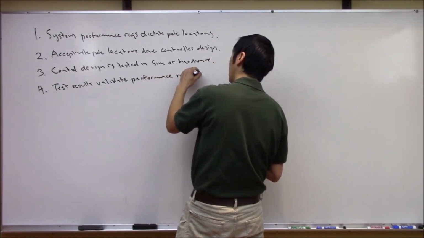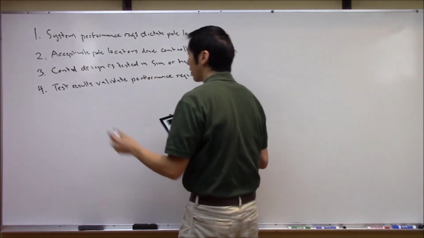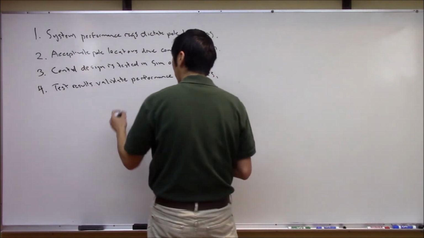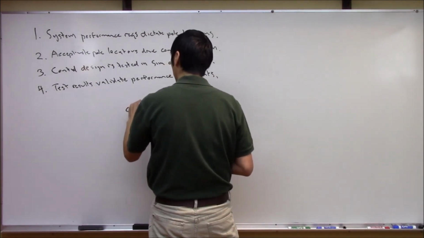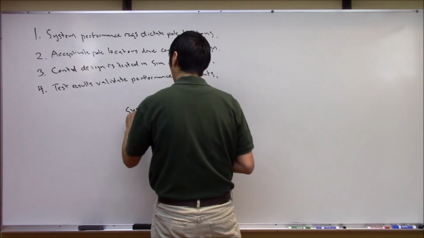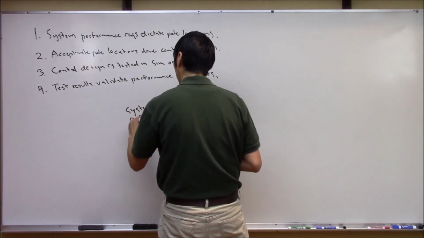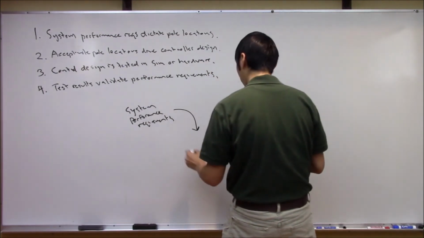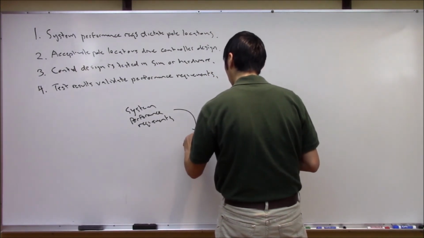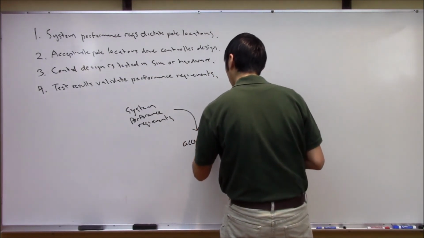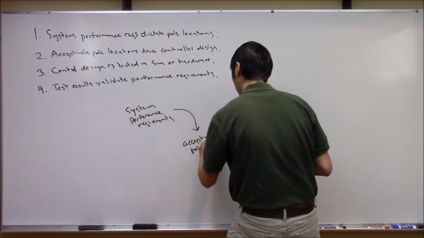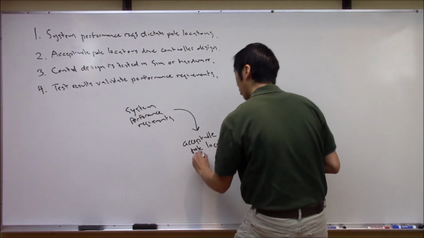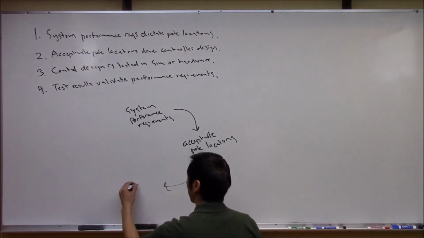requirements, right? So really, you can think about this as going around in an iterative circle, where we have these system performance requirements, and these drive acceptable pole locations, which in turn drives the control design.